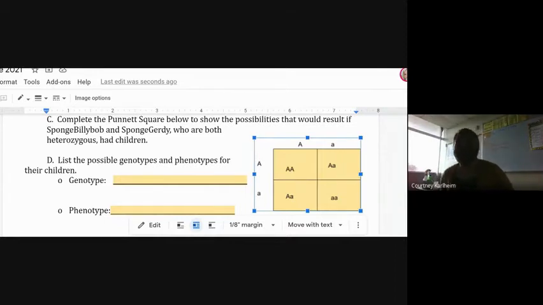So that's what it should look like. And then we have to answer letter D.